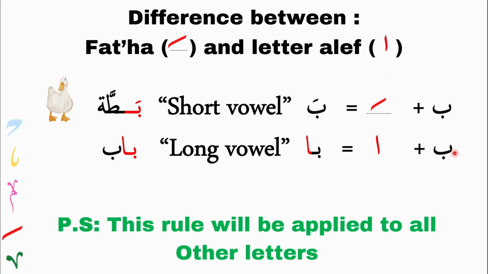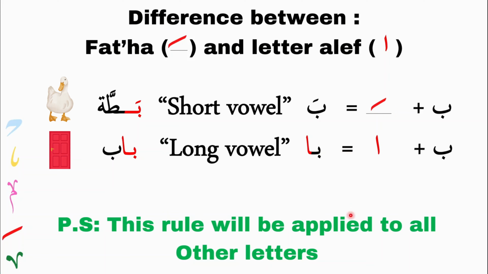But if I have the letter ba attached to the letter alif, it will give us long vowel, and it sounds as ba, as in the word bab, which means door. So, as you notice, the big difference between them, ba with فتحة sounds ba. Ba with alif sounds ba.